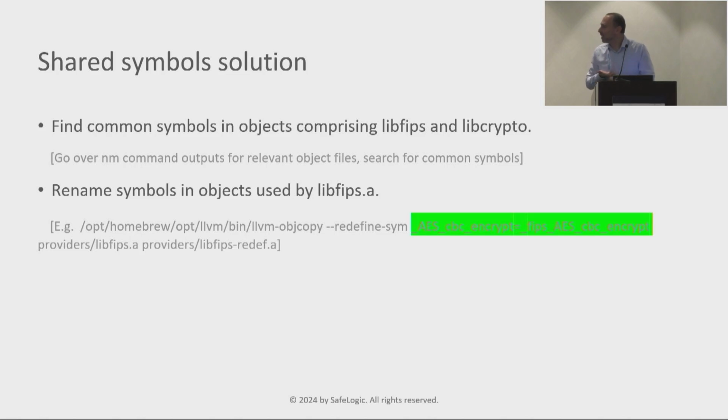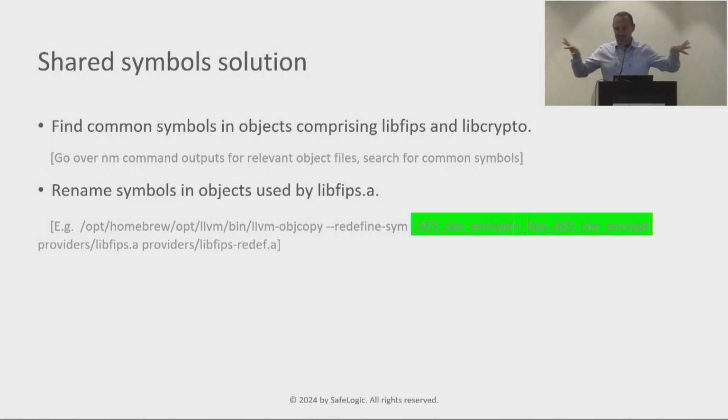But okay, so we can use nm, right? And we can find all the symbols in libcrypto. We can find all the symbols in libfips. We can write some Python script to find all the shared ones. And then basically we can use some of the macOS objcopy tools, which allow us to say, okay, in the FIPS library, whenever you see an object AES_CBC_encrypt, just replace it with FIPS_AES_CBC_encrypt.